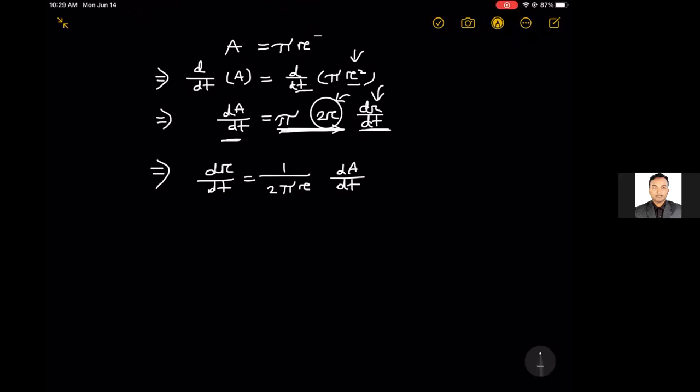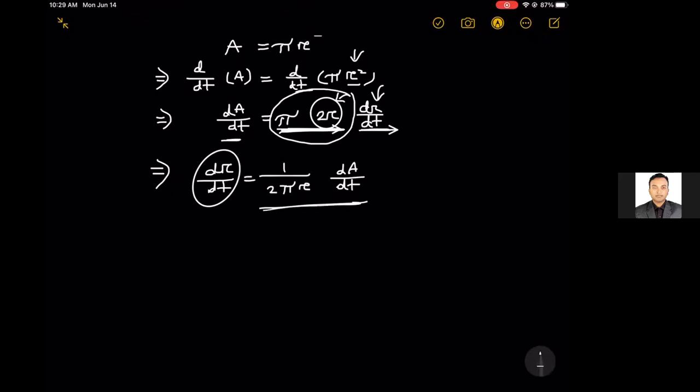The calculus part is done. I've just isolated this. So that's why I've divided both sides by this. And then I've written dr dt on my left and the other term on my right. Okay, just simple algebra, nothing else.